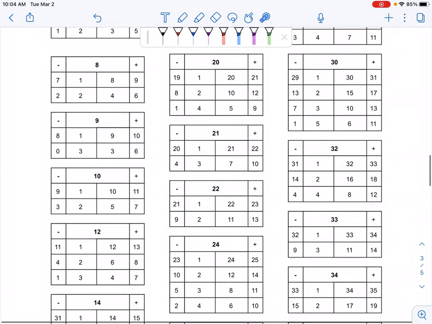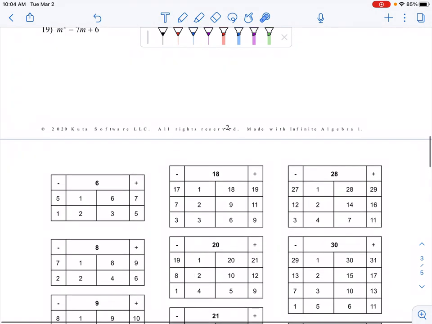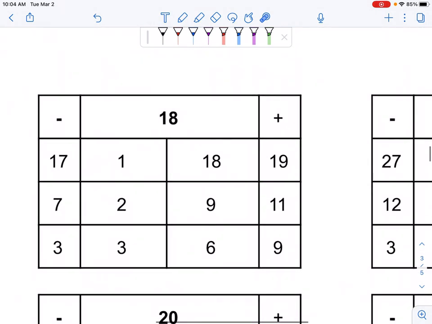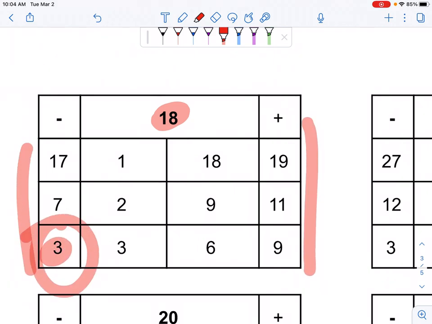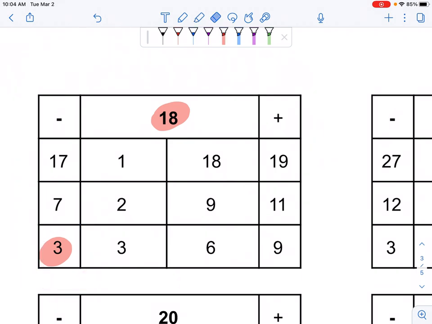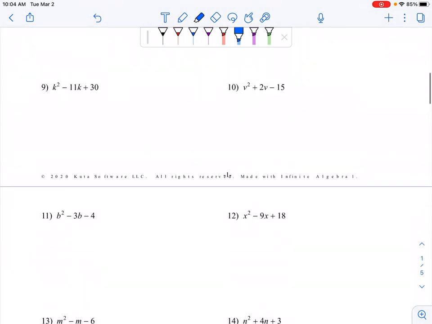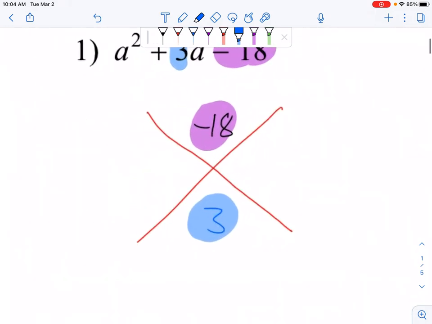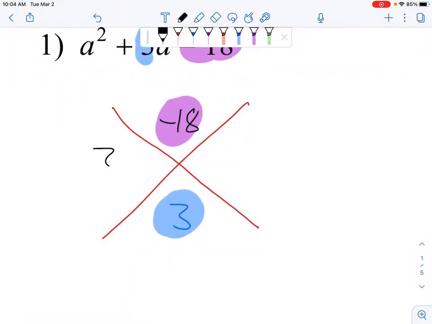I'm going to find 18. Here it is, and I'm looking for 3. So here's 18, that's my top number. Then I'm looking on the sides for where my 3 is. Here's my 3, and the two numbers that multiply to make that are 3 and 6. So my side numbers here are 3 and 6.